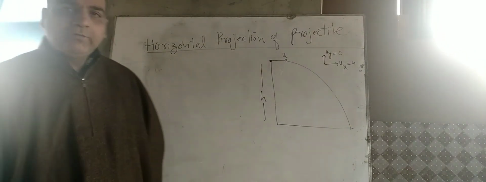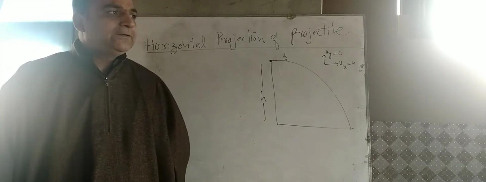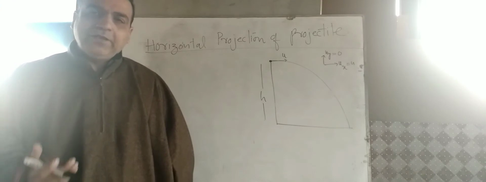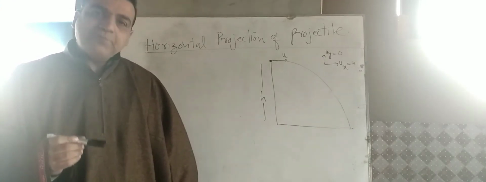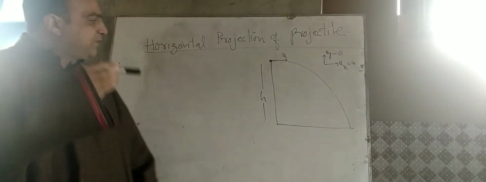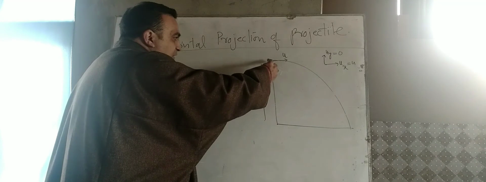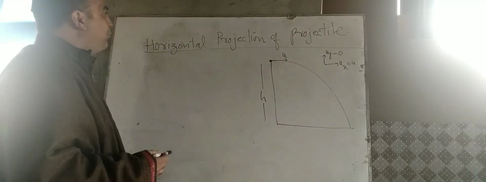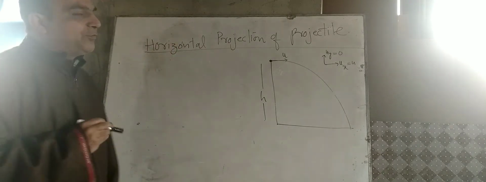So as we have already talked about projectile motion, if you have a projectile and we throw this projectile from some height, then the motion this projectile will execute is called horizontal projection of a projectile.